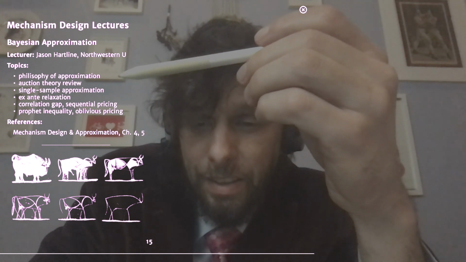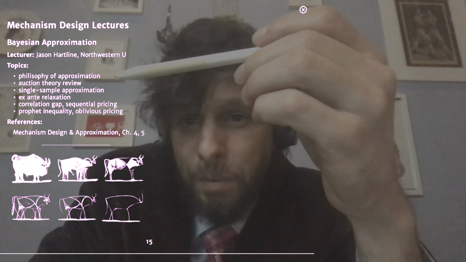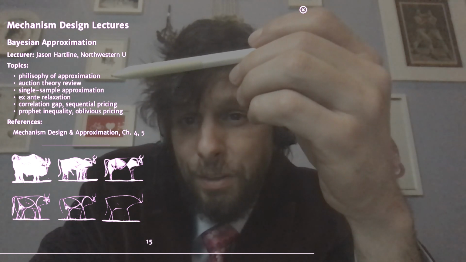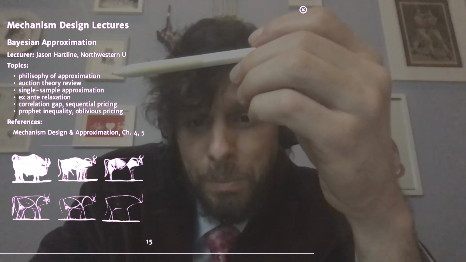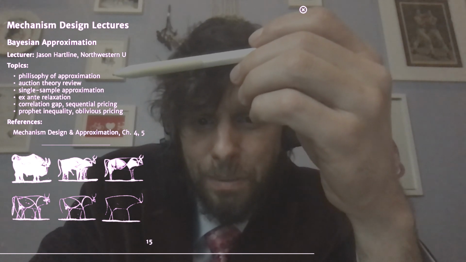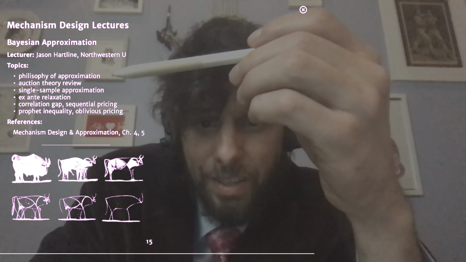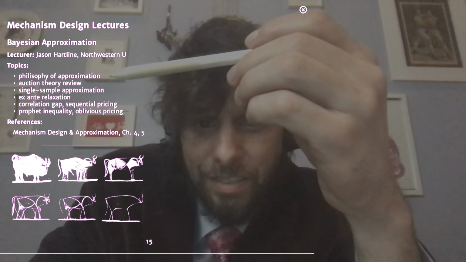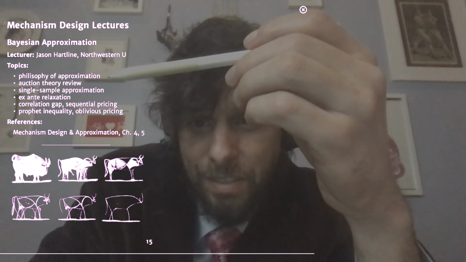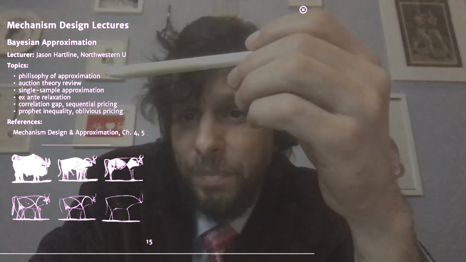I promised you I'd tell you why collusion was a detail, and that's because these posted pricing mechanisms are oblivious, impervious to collusion. The prices are fixed, the agents can't collude to get different prices, and so they're naturally collusion resistant. So collusion's a detail.